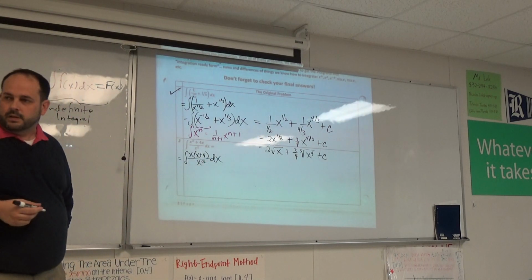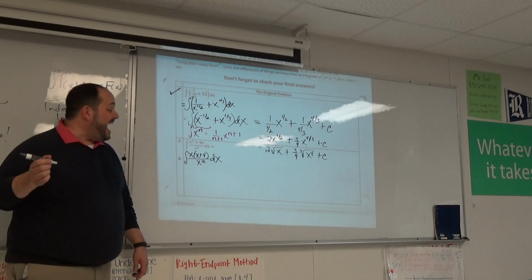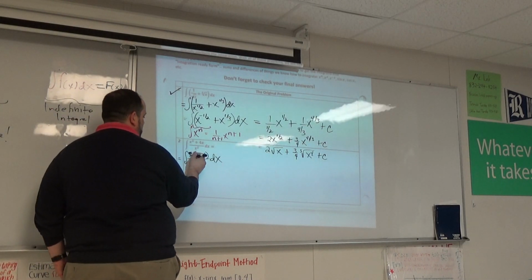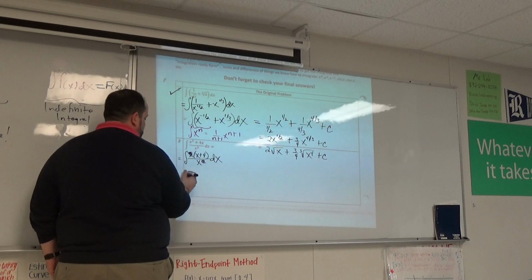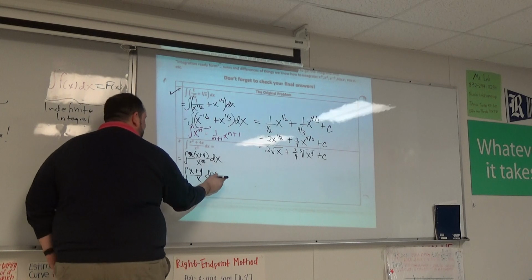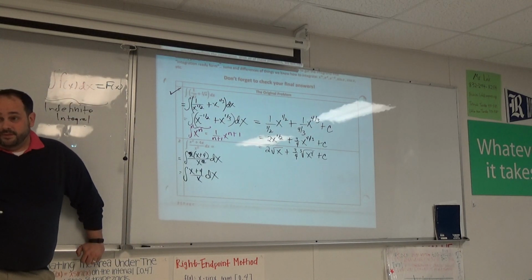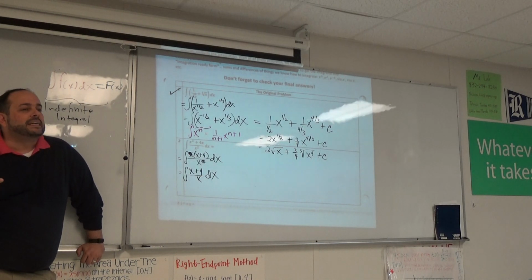How does that help you? Cancel out. Now I've got an x up here, and I can cancel with an x down there. But now that still leaves me x plus 4 dx, and depending on how I'm seeing this problem, that still doesn't help. Right? I'm not at a place where I know exactly what to do.